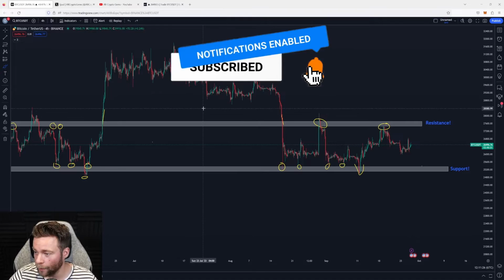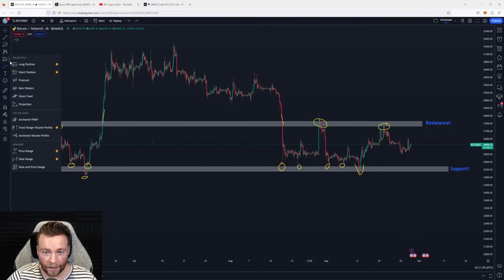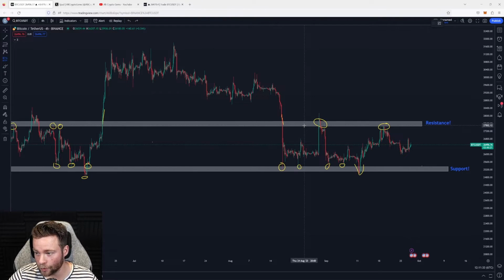So where do we open them? Now, let me actually show you a resistance example. At a resistance, we're going to open a short. Like I said, the box is indicating the resistance. As you can see, in the past, we've hit the bottom of the box as the resistance line. So there's no point opening a trade above the resistance because usually you're not going to hit it.